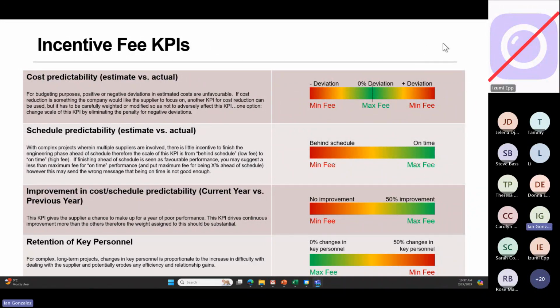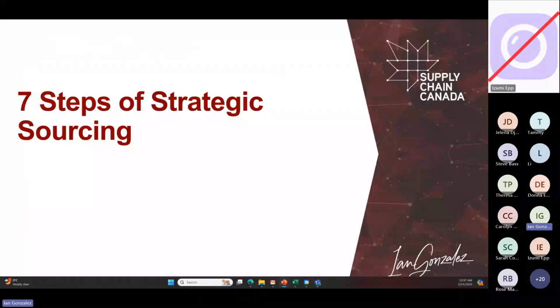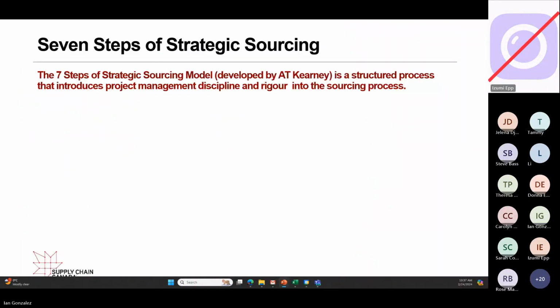Next topic, and it's a big one. The 7 steps of strategic sourcing. So the 7 steps of strategic sourcing was developed by A.T. Kearney, I think about 20 years ago. Right? It's a structured process that introduces project management discipline and rigor into the sourcing process.